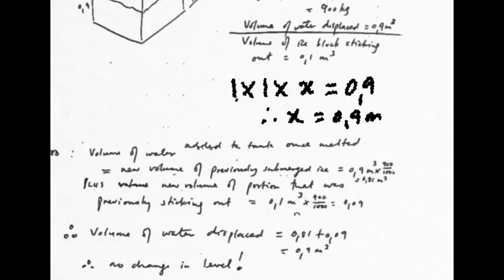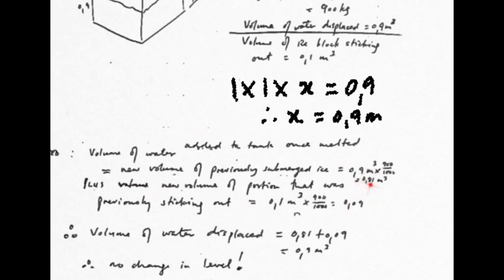Now when the ice melts and becomes water, it shrinks basically. So the 0.9 cubic meters that used to be submerged will now go down to 0.81 cubic meters using the ratio of 900 to 1,000. And then there was a piece that was sticking out previously, and it was 0.1 cubic meters, and it too will shrink to 0.09 cubic meters.